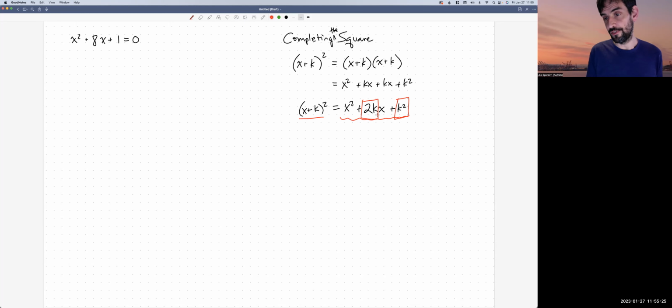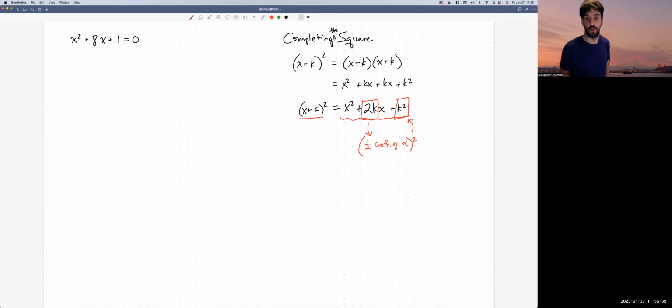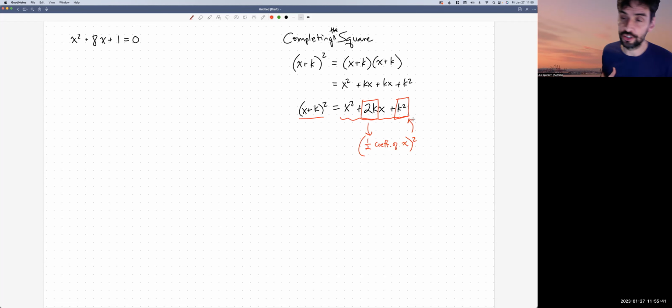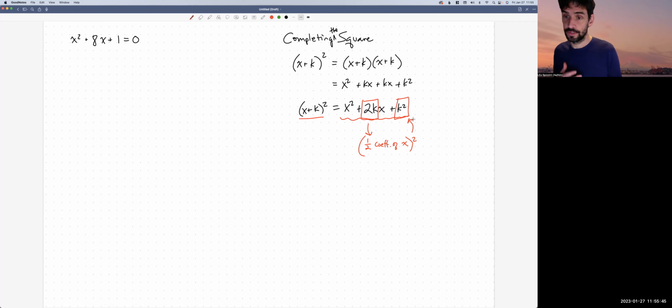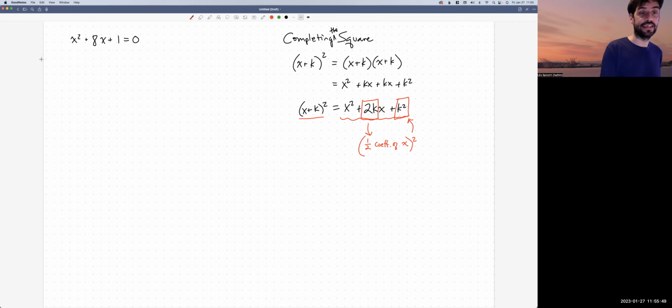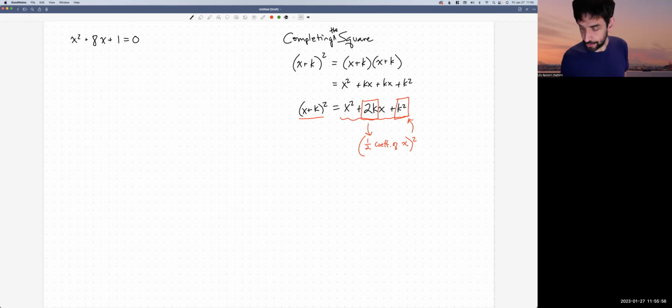Notice that if we take half the coefficient of x and square it, we get the last term, right? So half of that coefficient, the coefficient is 2k, so half of it is k, and square it, we get the last term. So we want to see if we can write this thing, x squared plus 8x plus 1, in that form.